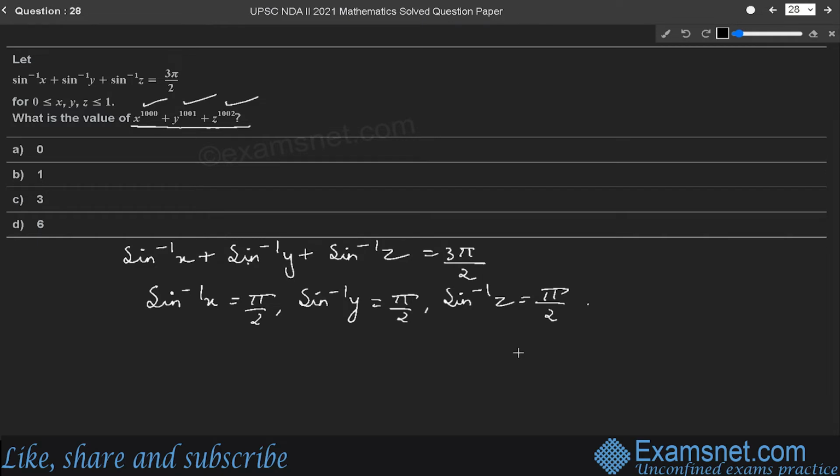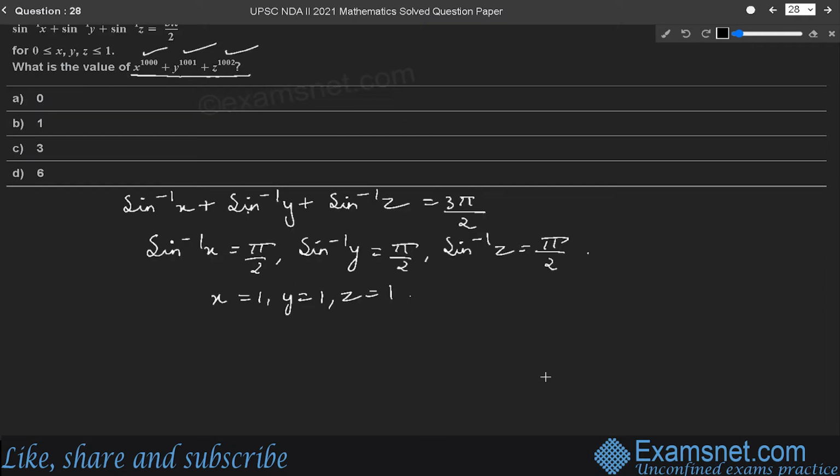So, here x will be equal to 1, y will be equal to 1 and z will be equal to 1. So, now finding the value for the given term x^1000 + y^1001 + z^1002, we know the value of x, y and z. Putting the values here, it will be 1 + 1 + 1, which is equal to 3. So, the correct option here is option C.